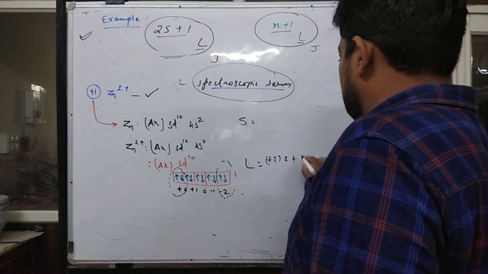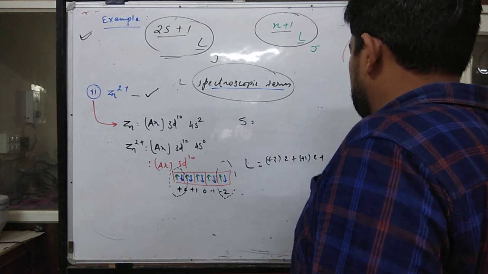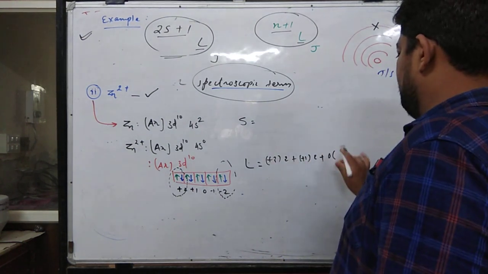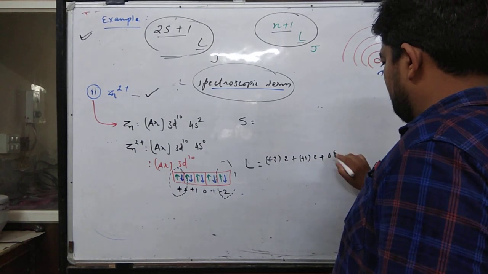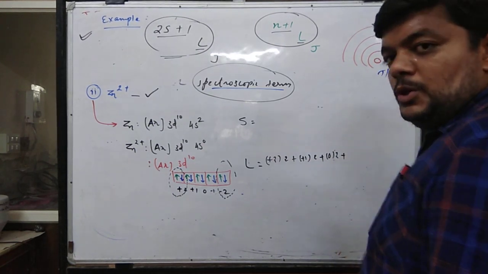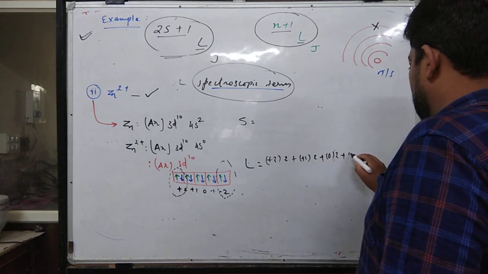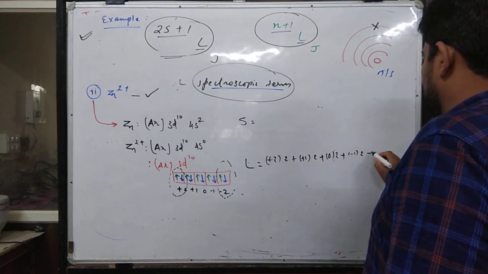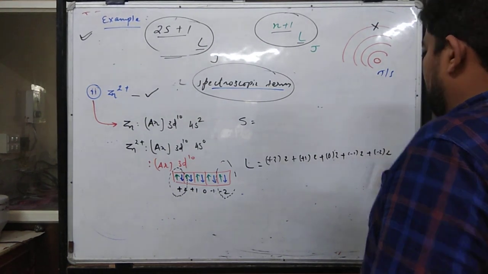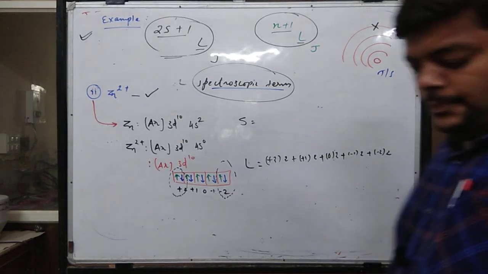2 electrons with +2, 2 electrons with +1, 2 electrons with 0, 2 electrons with -1, and 2 electrons with -2.